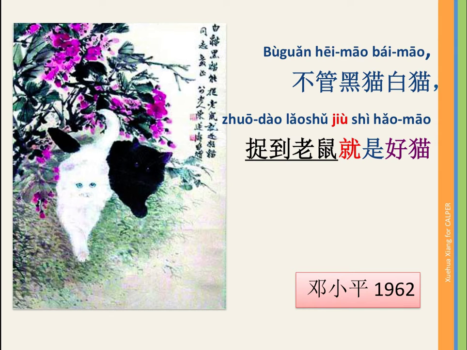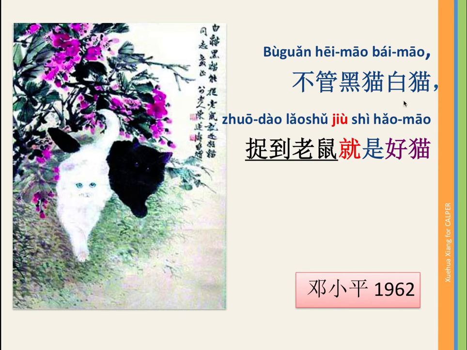This opens the door to economic reforms in China, and people are using this to justify all sorts of social changes. As long as there's economic gain, it's a good thing. 捉到老鼠就是好猫。And you can see how this 就 helps to mark catching mice as the immediate condition, the only thing we're considering for a good cat.